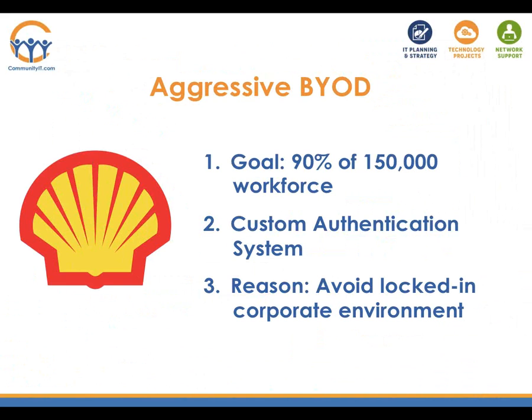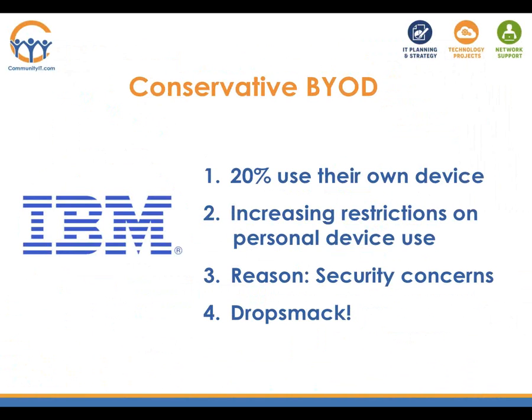So anyway, I don't want you all to think that, well, if Shell's doing that, that's the right thing to do, because you need to look no further than IBM to see that they're really going in the opposite direction. IBM is pursuing what I would call a conservative BYOD strategy, where right now 20% of their staff use their own device, but they've decided to actually reduce that number.